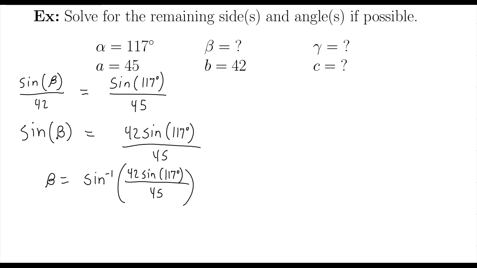So that's what I'm going to type in. Making sure my calculator is in degree mode, I will type in inverse sine of 42 times sine of 117 degrees over 45, close parentheses. And I get 56.3 degrees.